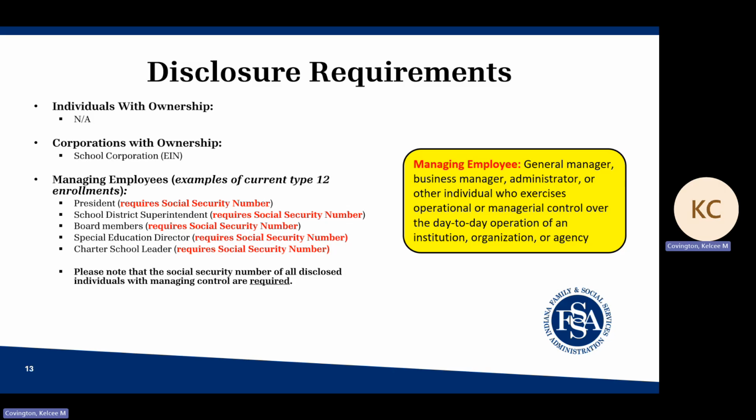Corporations with ownership will be listed as the school corporation and its tax ID number. Some examples of managing individuals that can be disclosed specific to school corporations include the president, school district superintendent, board members, special education director, and charter school leader, each of whom is required to provide a social security number.